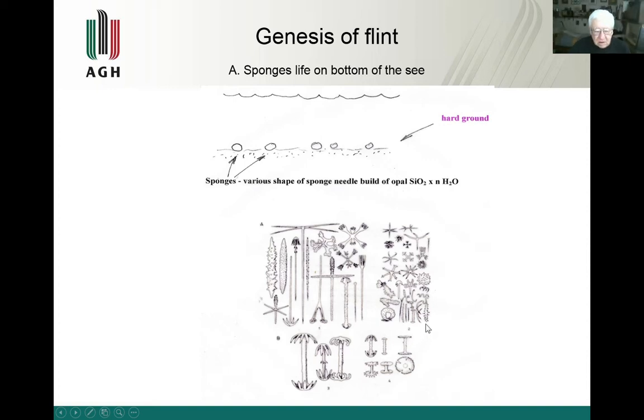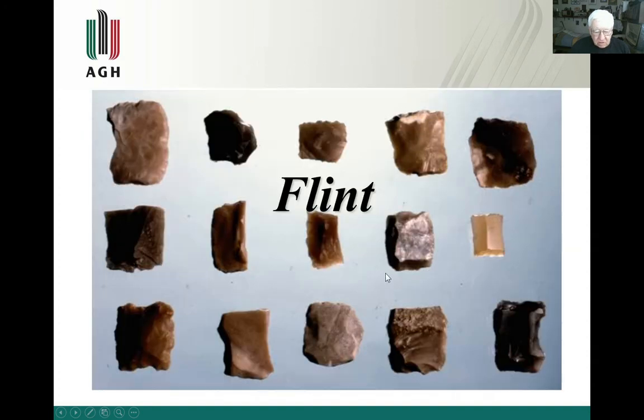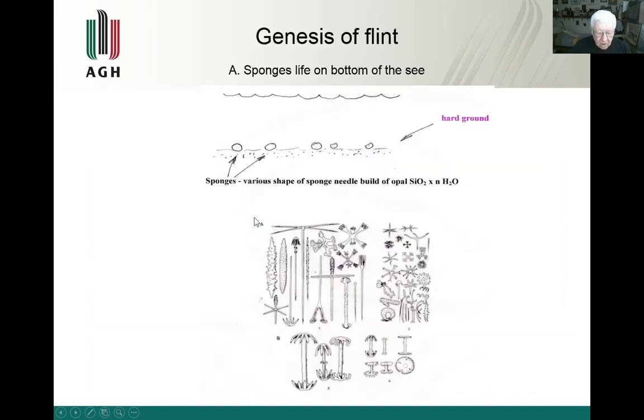This means needles of various shapes, and these needles are built of silica, a non-crystalline type of opal, and they make the internal structure of the spongia. Some classifications of spongia and of flints are made according to the type of spicula present inside.